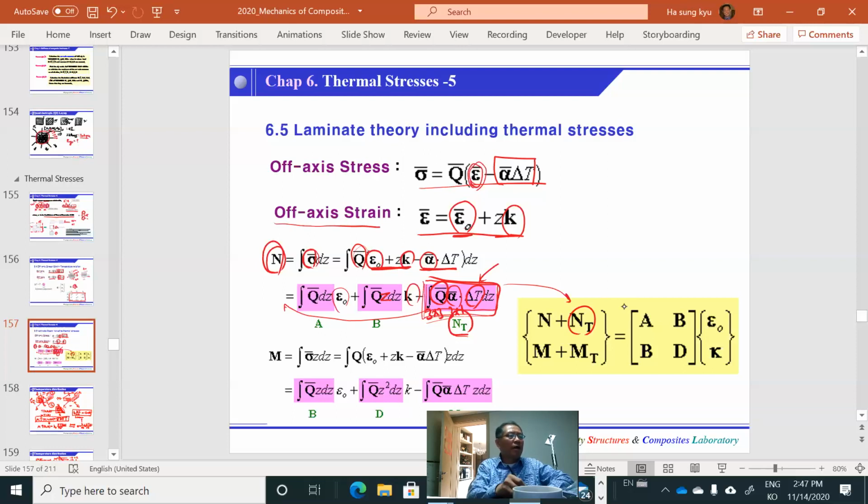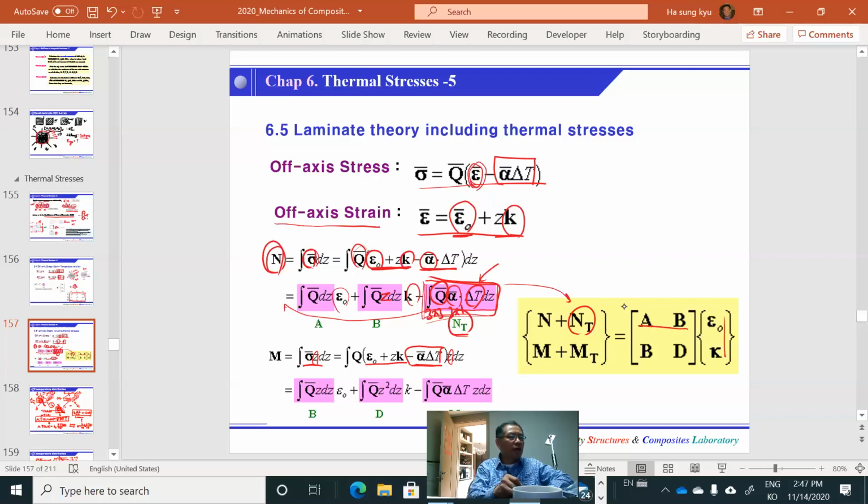So now A multiplied by epsilon 0, plus B multiplied by K, right? Now, moment is the integral of sigma bar multiplied by z, the same as before. The difference and new term we need to handle is alpha bar and delta T, right? This is the new term, and we have a z here.